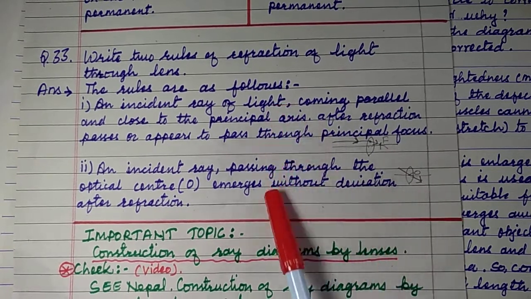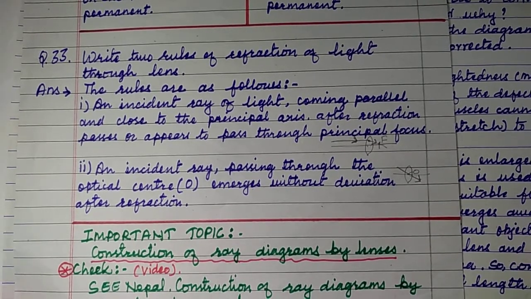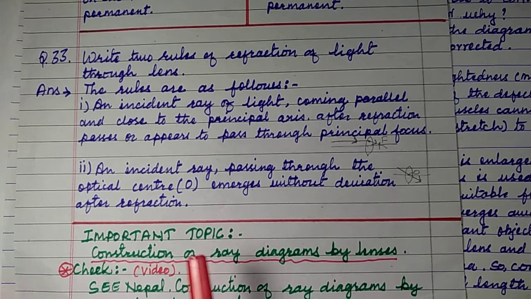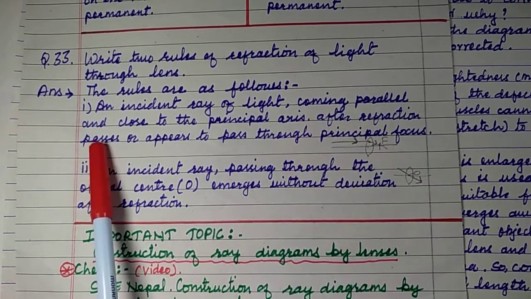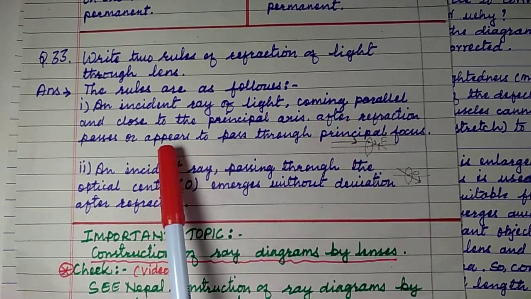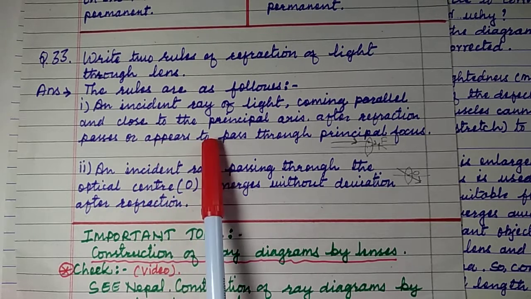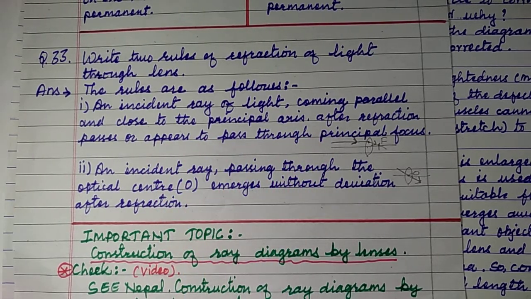So these are the 2 points of refraction of light through lens. For convex lens you have to write passes through principal focus. For concave lens you have to write appears to pass through, because this is the false point.